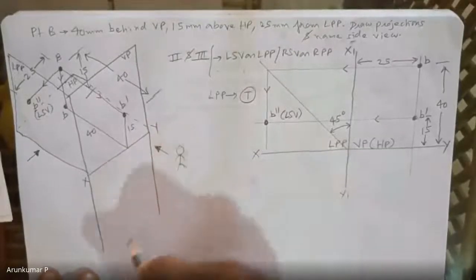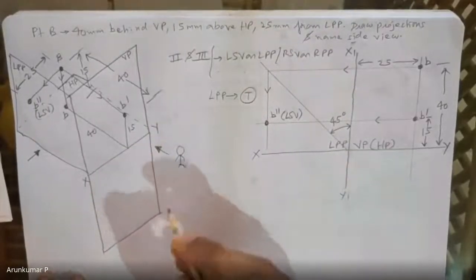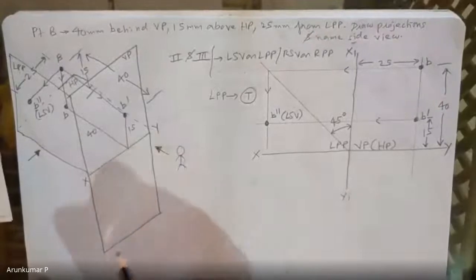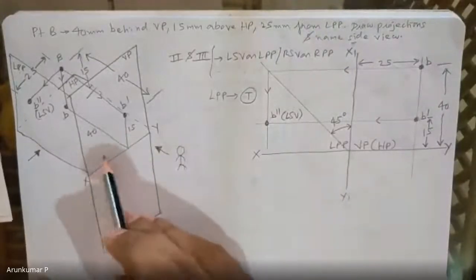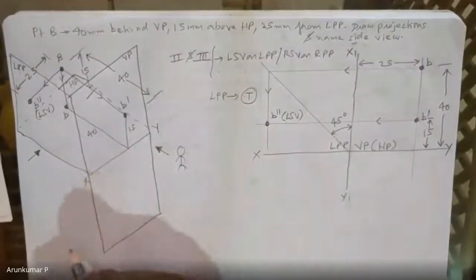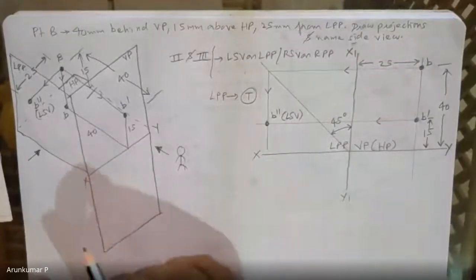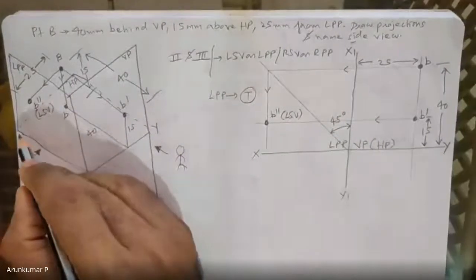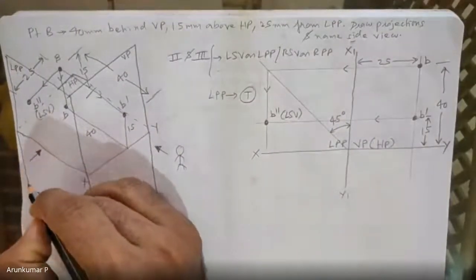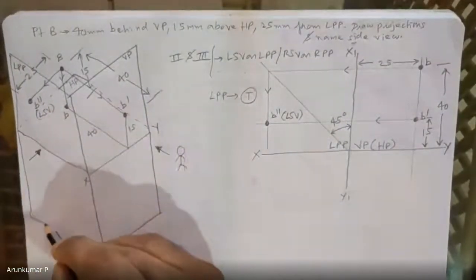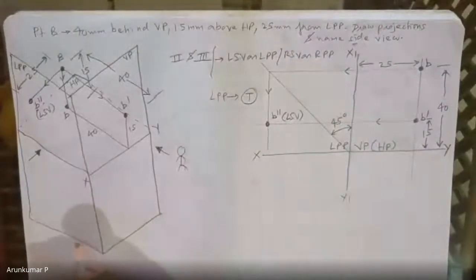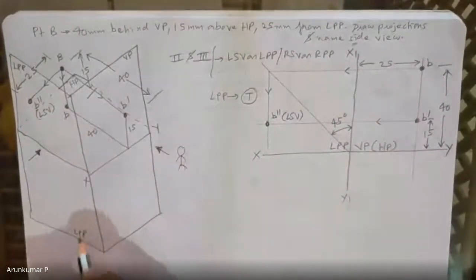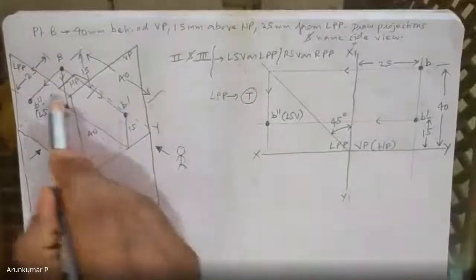So this is the third quadrant, the lower portion of VP, and HP is common. So this area is the third quadrant. Now, what is the difference? There is absolutely no difference. This is the left profile plane for the third quadrant. See this. This is LPP. This is VP, and HP as such is common.